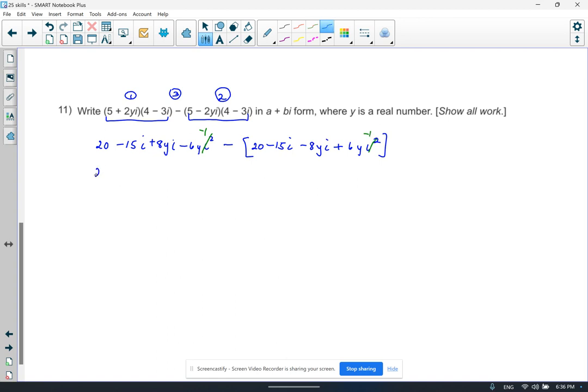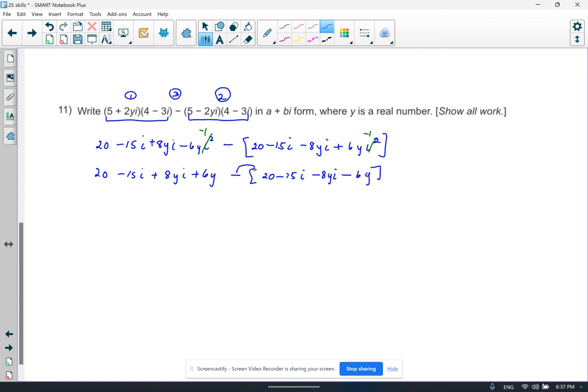We're going to simplify. 20 minus 15i plus 8yi plus 6y, minus bracket 20 minus 15i minus 8yi minus 6y.